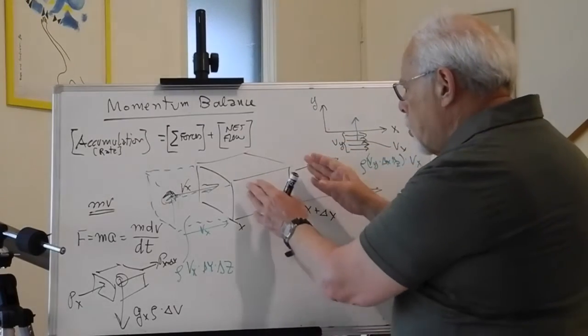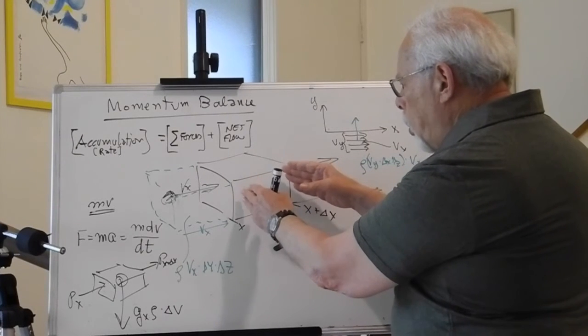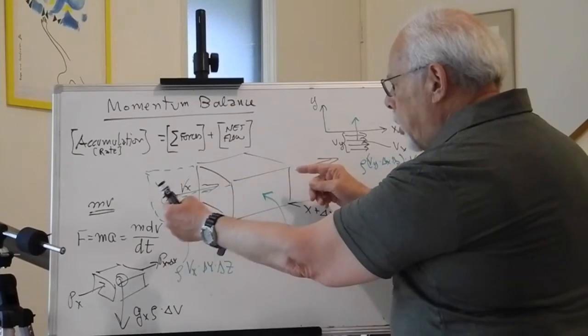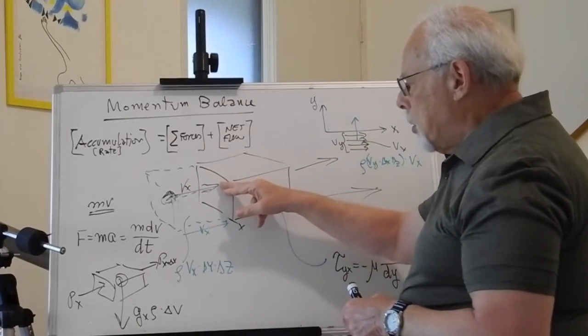So what we need to do is simply say that the net flow is the difference between what comes in and what leaves. Now, what is the amount that comes in?